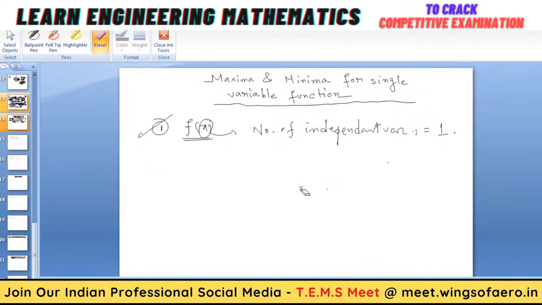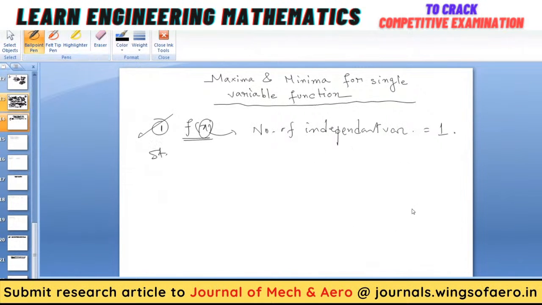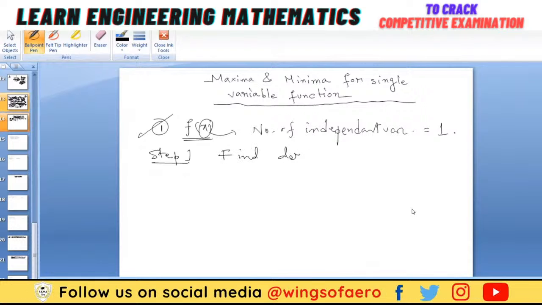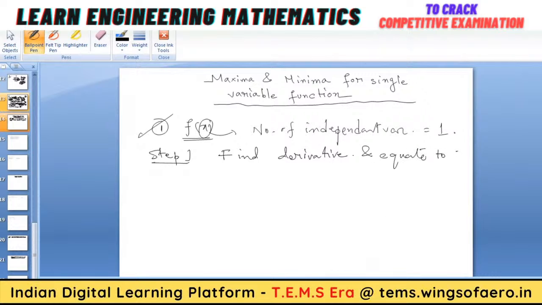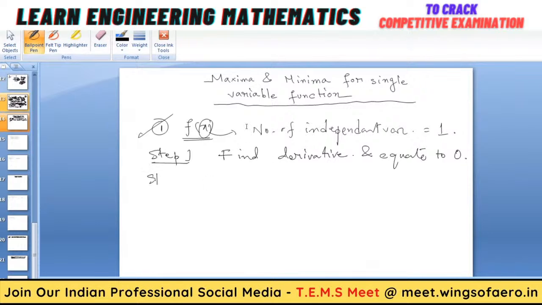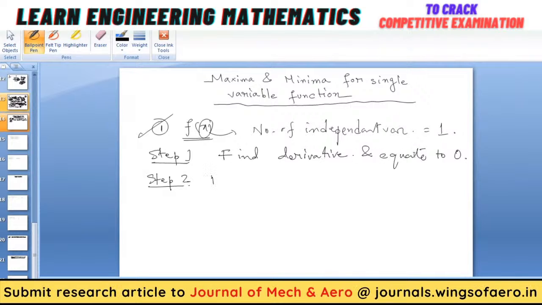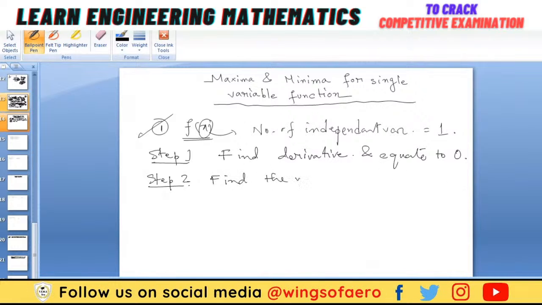The method is very easy. Step 1: find the derivative and equate it to 0. Step 2: find the value or values of x.